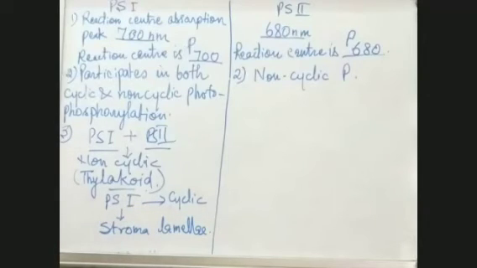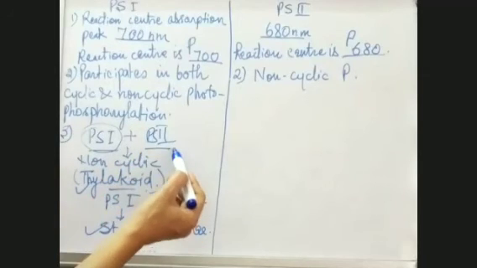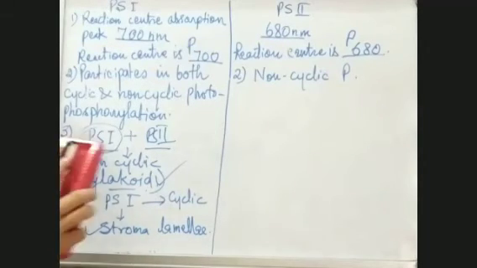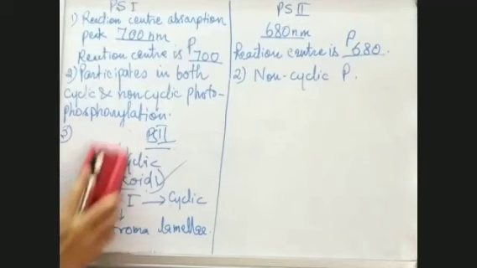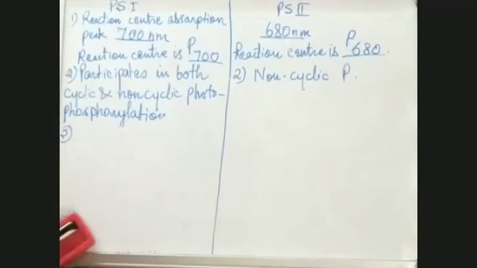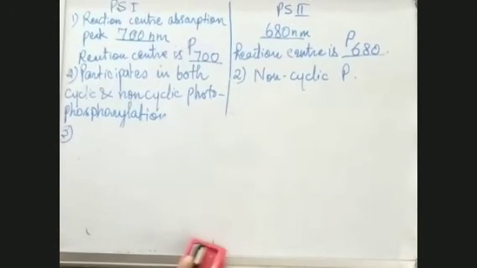Now you can easily find out that PS1 is present both in thylakoid as well as stroma, whereas PS2 is present only in thylakoid. So this makes a third point, that PS1 is located both at thylakoid as well as stroma.